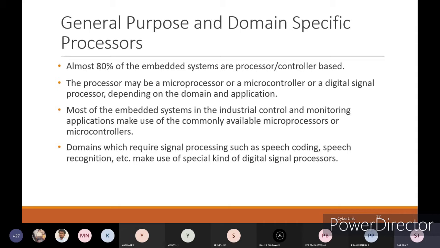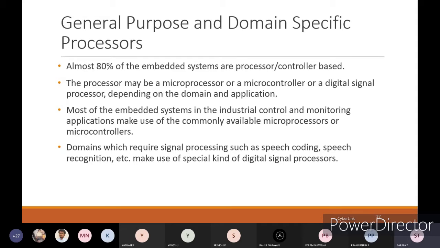The processor may be a microprocessor or microcontroller or digital signal processor, depending on the domain and application. What type of application are we using?